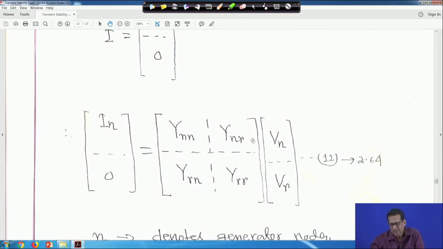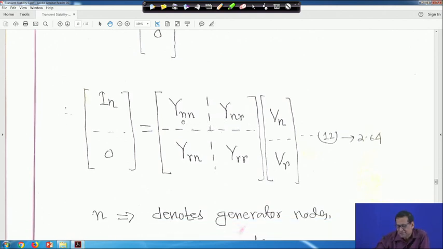So, this is equation 12. This way you partition the Y matrix, and this is Vn, this is Vr.